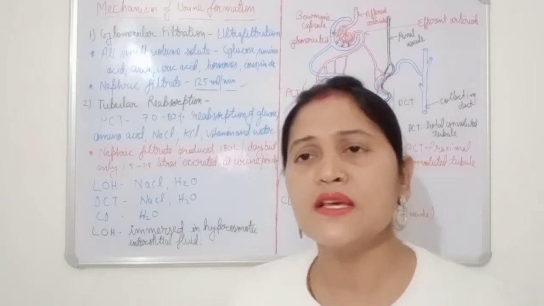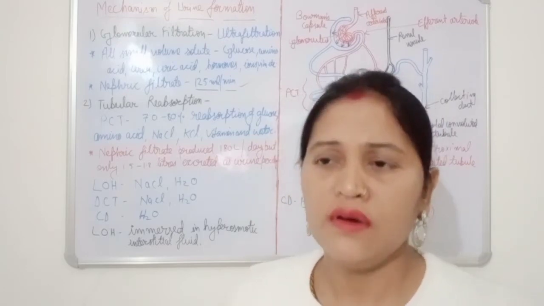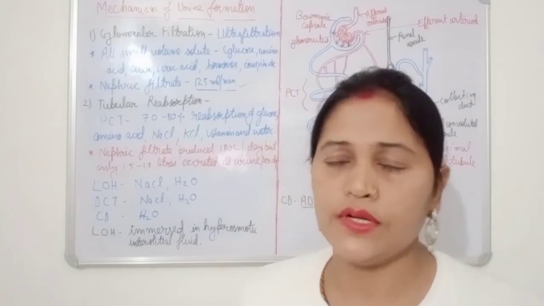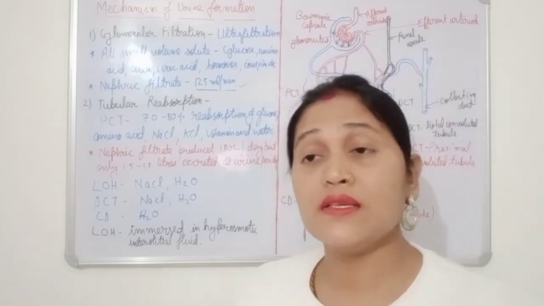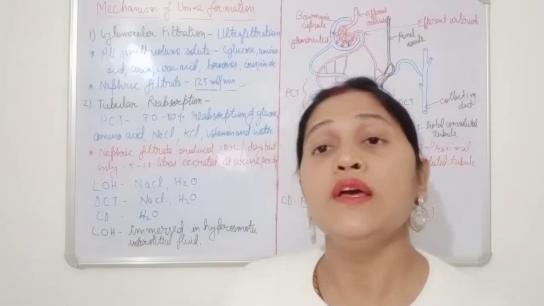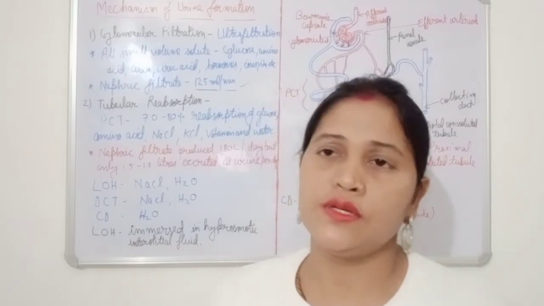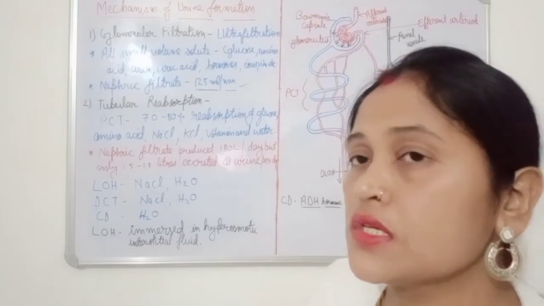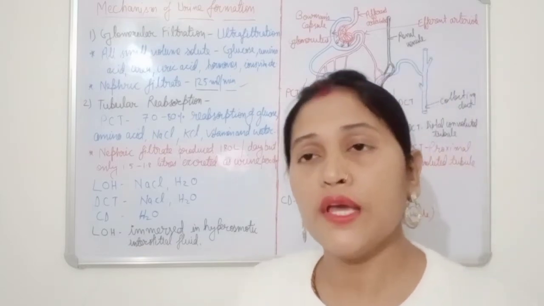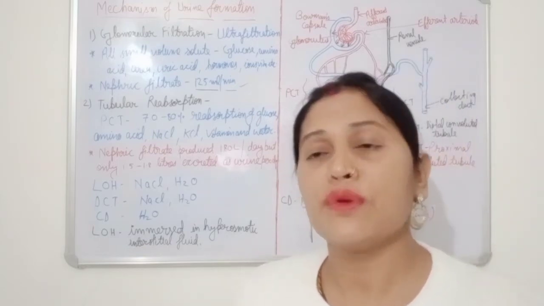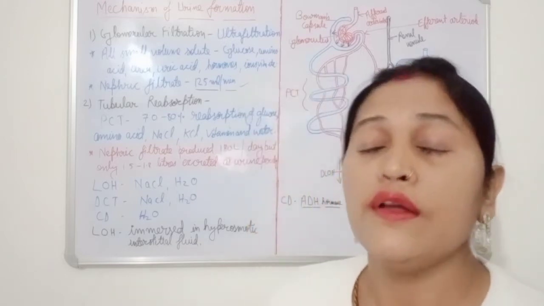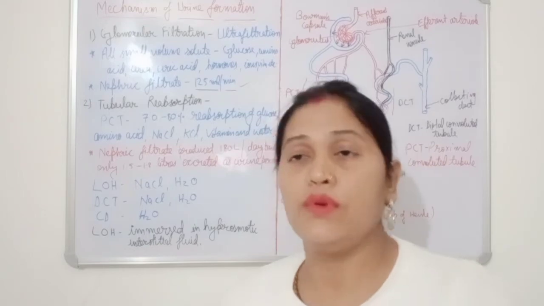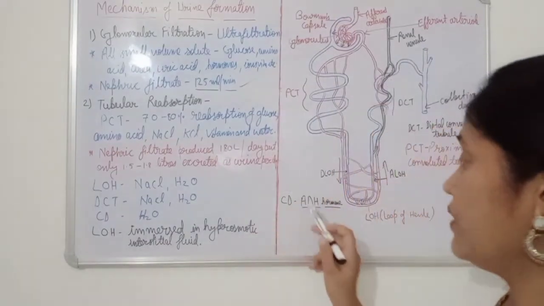In that case, this hormone will not be secreted, because there is enough water. But it is secreted in persons where concentrated urine is to be excreted. ADH makes the urine more concentrated, because under its influence more reabsorption of water occurs. So the importance of ADH is this one.